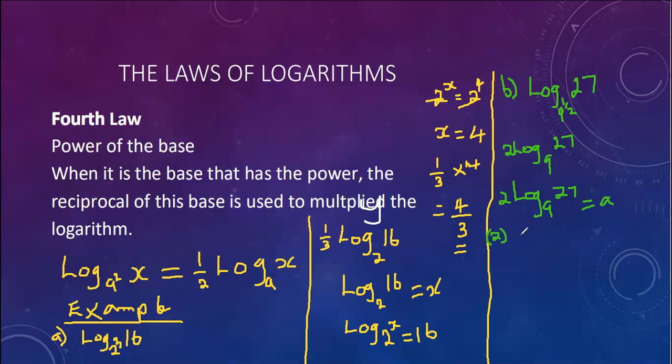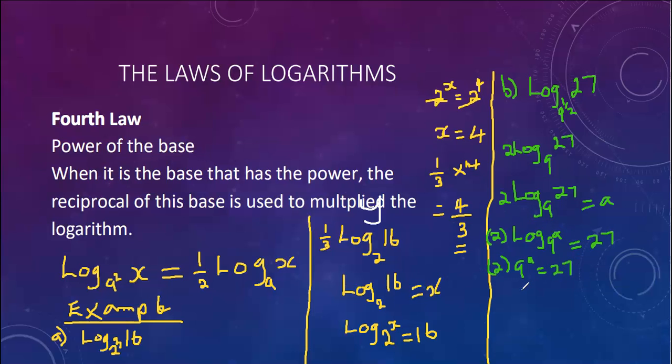So we have log 27 in base 9 equal to A. We put the power here, so equal to the log itself, which is 27, and the base is 9. So let's not forget our power. We are going to have 9 raised to the power of A equal to 27.